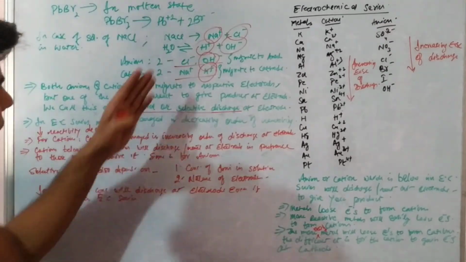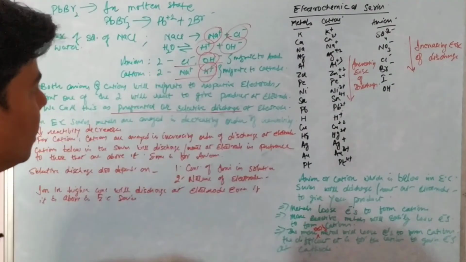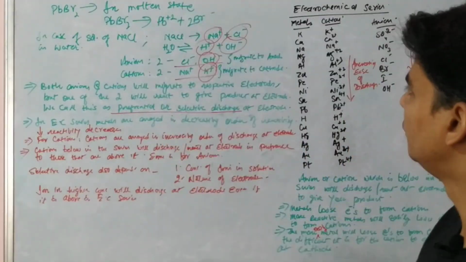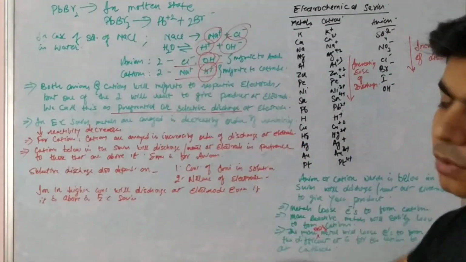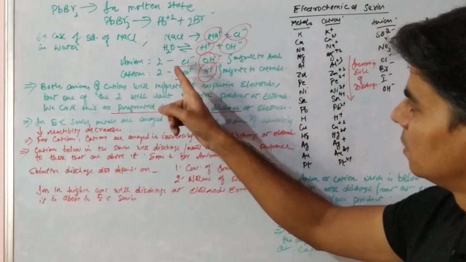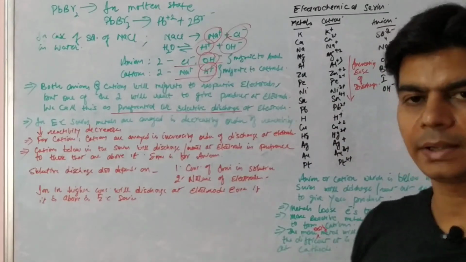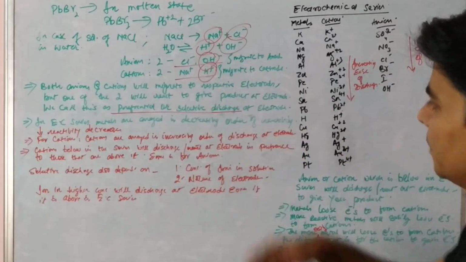For example, in the electrolysis of brine solution, that is sodium chloride, we have chloride and hydroxyl ions. But in electrolysis of sodium chloride, the chloride ion is in higher concentration.